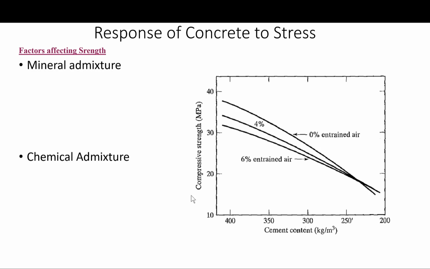For normal strength concretes, mineral admixtures such as fly ash and blast furnace slag can be used to replace Portland cement with little effect on strength. Although, as discussed previously in the module about mineral admixtures, the rate of initial strength gain may be reduced while the long-term strength is increased.